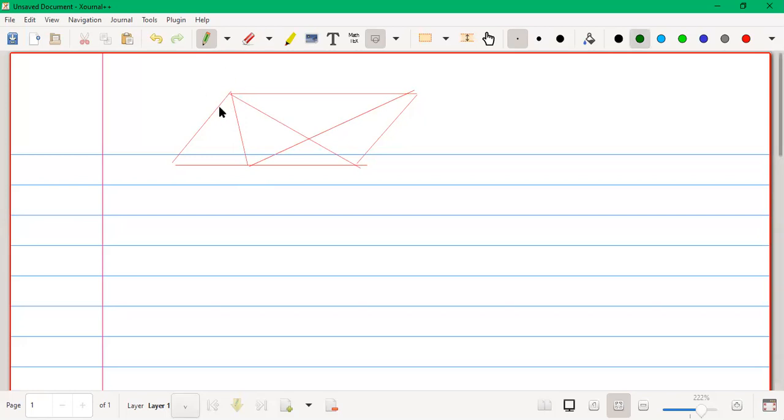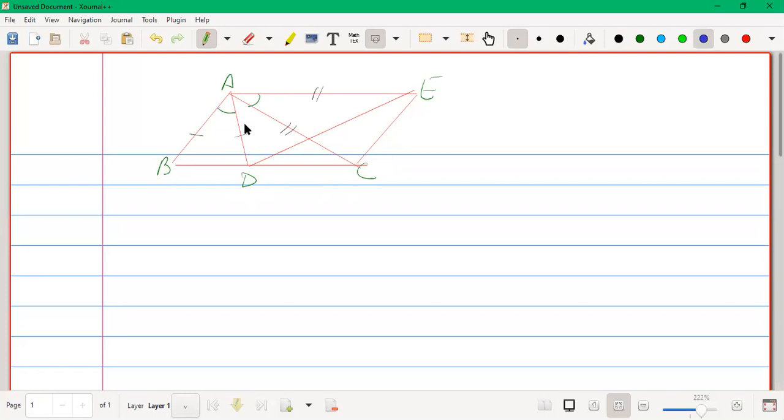They have shown that this angle is equal to this angle. Right? These two angles are equal. Also, they have shown that this side is equal to this side and this side is equal to this side. This they have shown already.